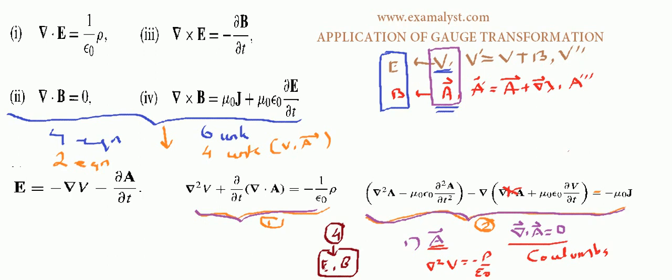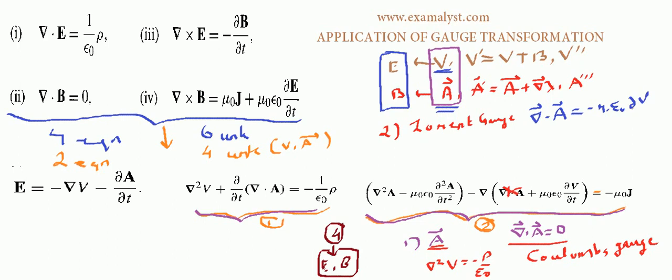Here we discuss the Lorentz gauge. Lorentz suggested that we not take del dot A equals 0, but instead take such a magnetic vector potential that del dot A is related to the scalar potential as minus mu naught epsilon naught dV by dt.